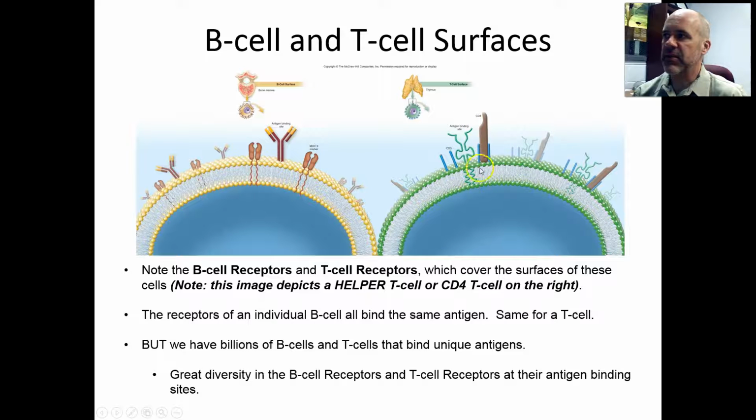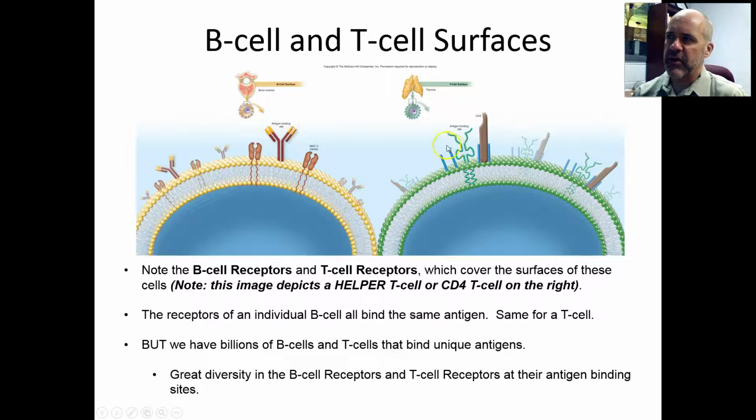Same thing with the T cell, it just looks a little bit different. And then notice this T cell membrane over here has a CD4. That's a protein molecule on its surface. And you'll find that on your helper T cells. Cytotoxic T cells have something kind of similar called CD8, and we'll learn more about that as we go through the chapter in more detail.